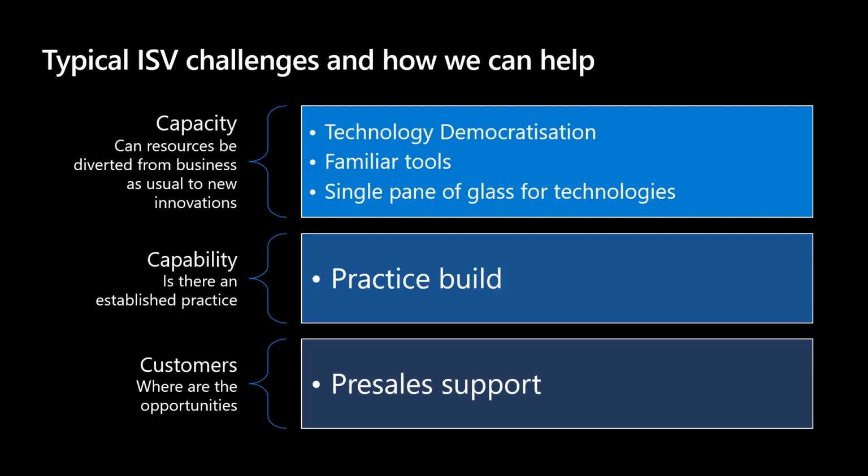So normally you have a capacity issue. Most ISVs we find don't tend to have lots of people just sitting around as resources, not doing anything. So you're normally doing business as usual. Everyone's dead busy. It's really hard to move into new areas, into building other stuff.